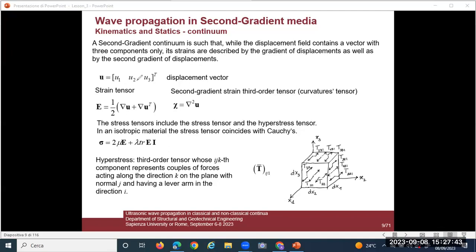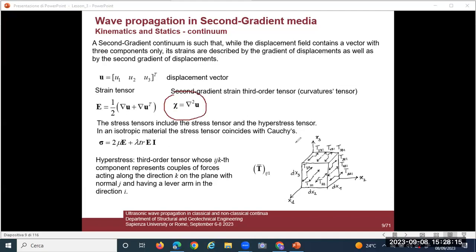The difference from the classical continuum is that in this case the strain tensor is the same, but you have a second tensor which describes something like curvatures, which is a second gradient tensor, and it is this one.